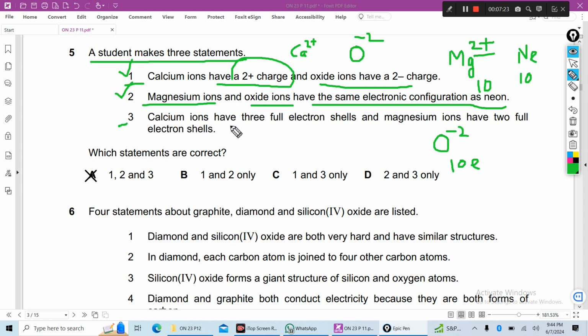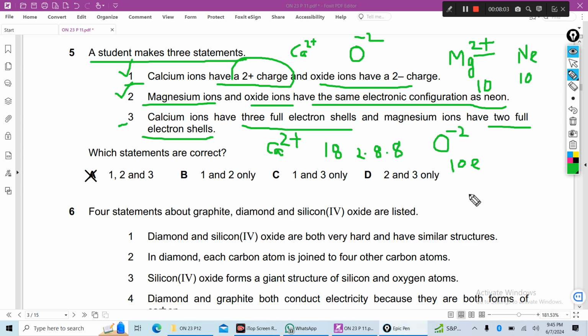Number 3, calcium ion has 3 full electron shells and magnesium ion has 2 full electron shells. Yes, this is true. Calcium ion Ca2 plus has 18 electrons, 2 8 8 electron shells.